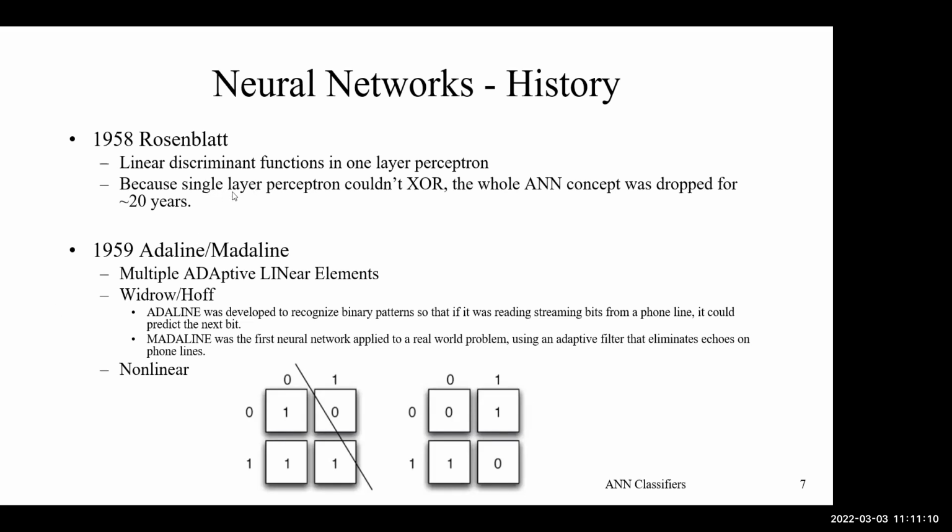The single layer perceptron could not solve XOR. And if you read anything historical, they're always backing up to this point. Can you do XOR? Because a single perceptron cannot do it, as it's not linearly separable, a lot of the ideas got dropped for about 20 years.